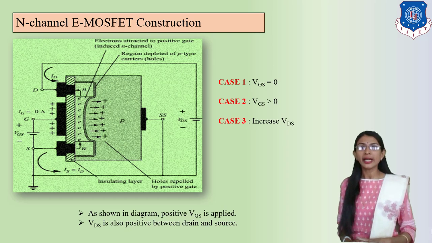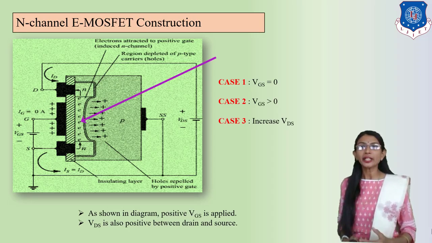This is the S, and the substrate and source will be connected together. So positive VGS is connected at the input side, and similarly another battery, that is VDS, is connected to the output side between drain and source.